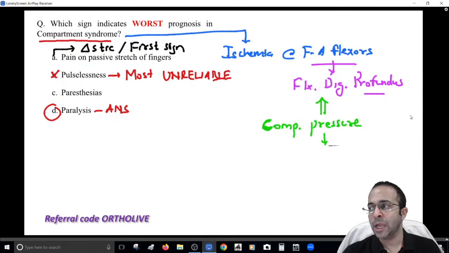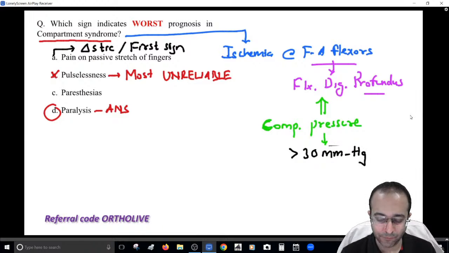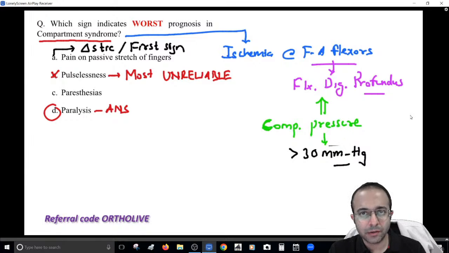But I can also measure the compartment pressure, isn't it? Very good, Harshit. So you've given that exact value, absolutely right. When the pressure in the compartment rises beyond 30 millimeters of mercury, it can generate FDP ischemia.